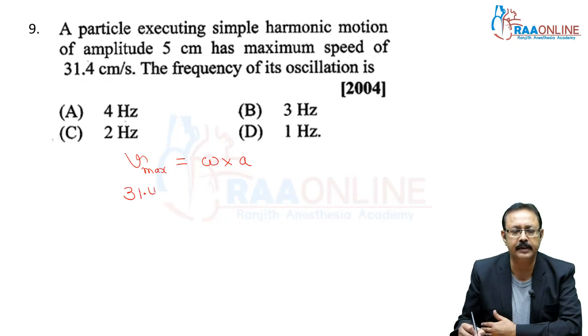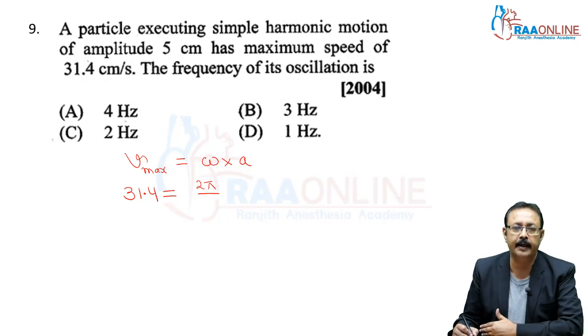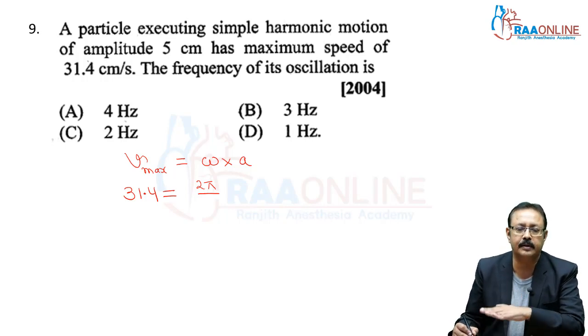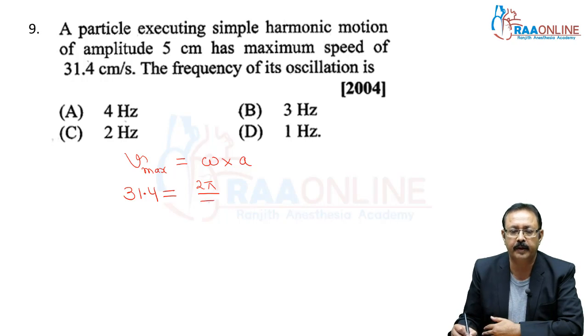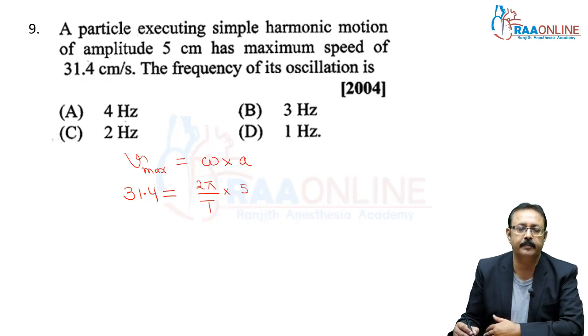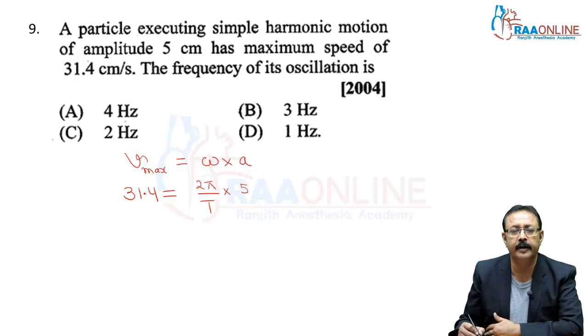We are doing it in the CGS system. Omega is 2 pi by T, because in both CGS and SI the frequency unit is hertz only, because it is the reciprocal of time and time has the same unit in all systems. So 2 pi by T into amplitude. What is the amplitude? 5 centimeter.